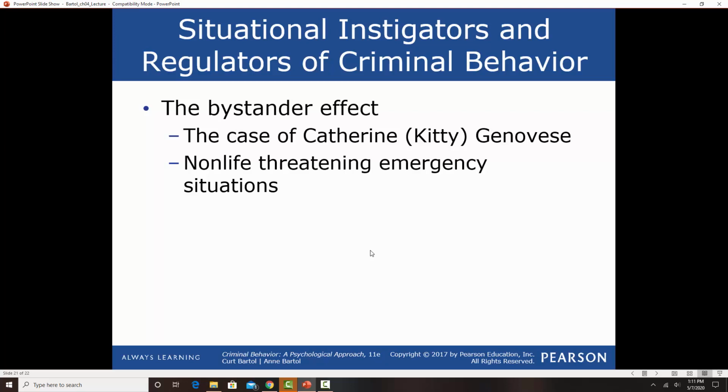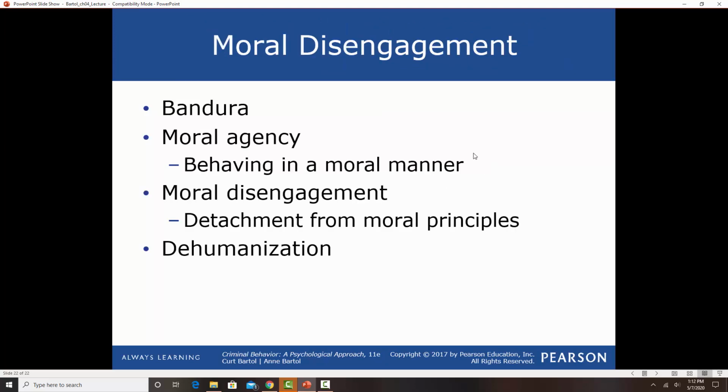And so they started doing research on this in the 1960s, and they found what they called the bystander effect. When there are a lot of people around, we assume somebody else is going to be intervening. So all of those people in that apartment building who heard her screaming assumed somebody else was calling the police, assumed somebody else was going to yell out the window, assumed. So that's what the bystander effect is.